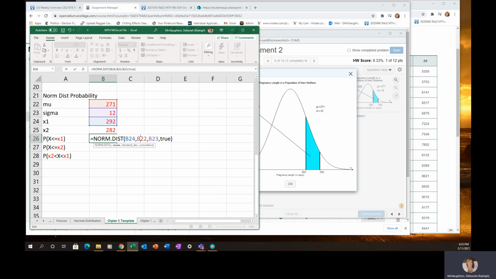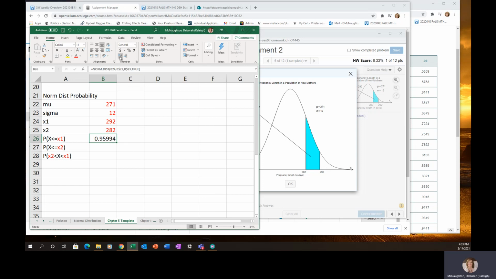And then I'm just going to anchor my mean, and I'm going to anchor my standard deviation. And that's so that these will stay the same. My X will change, but my mean and standard deviation will stay the same. So I can just copy this formula. So the probability that X is less than 292 is 0.956.